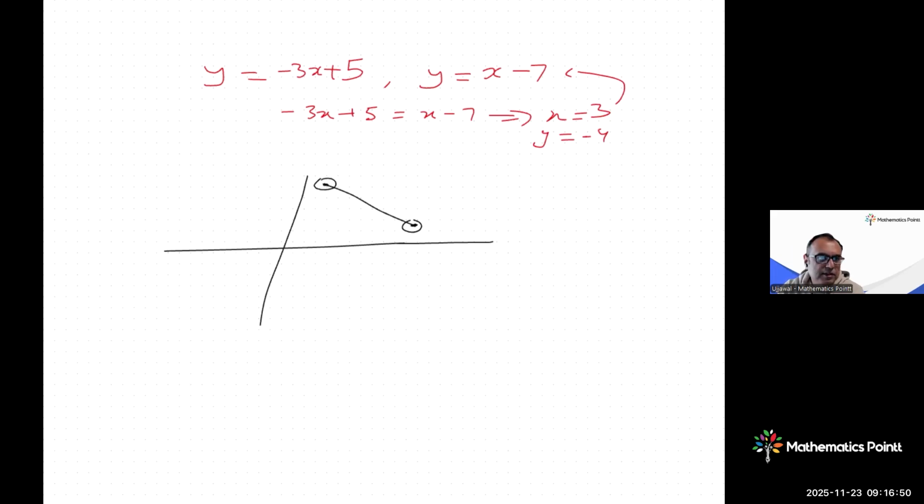Let's say this endpoint coordinate is 1, comma 5. And this is x, this is y, this is negative x, this is negative y. I'm not scaling it, otherwise it will take a lot of time. And this is 4, comma 2.